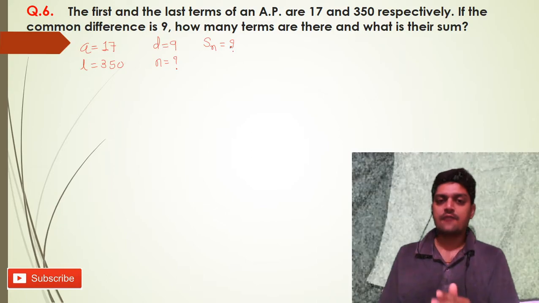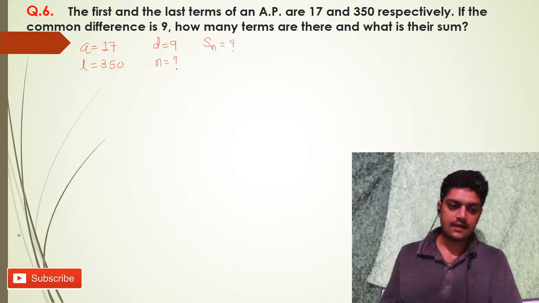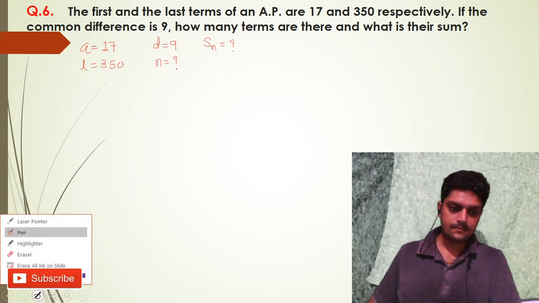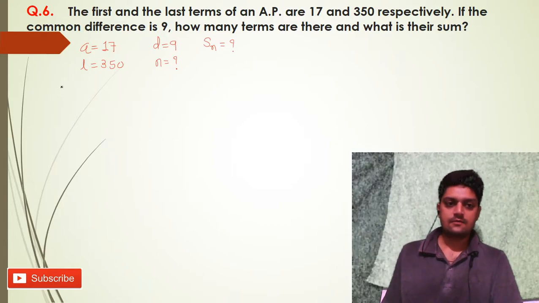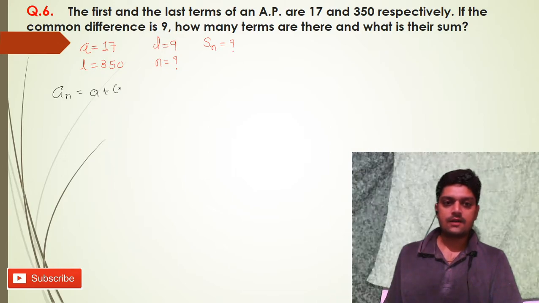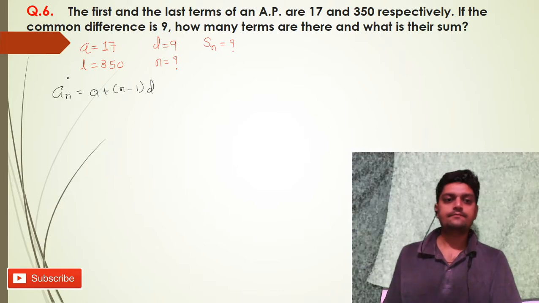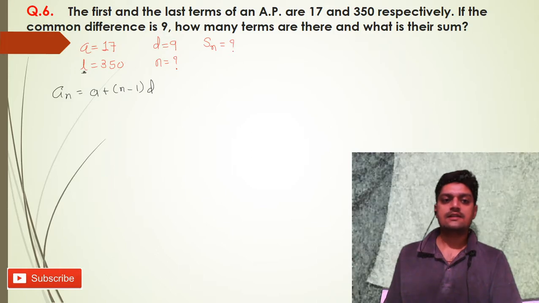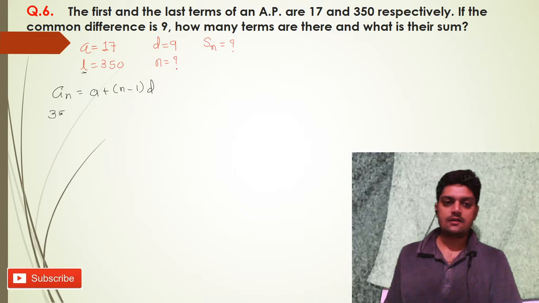So first we have to find n using the nth term formula. That is an, so an is equal to a plus (n minus 1) into d. An means this last term, so I will write here 350.